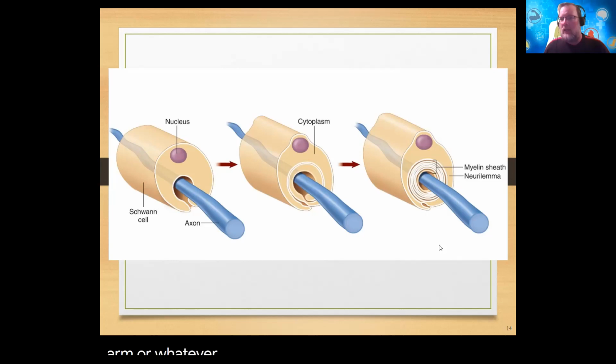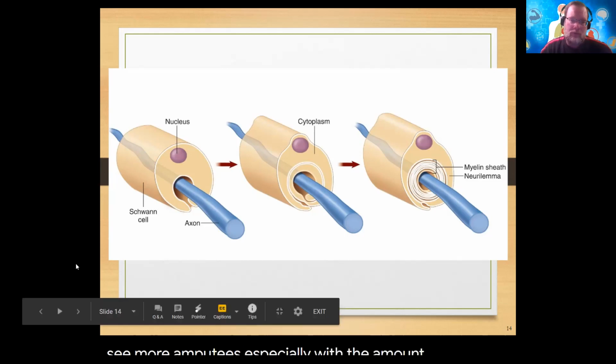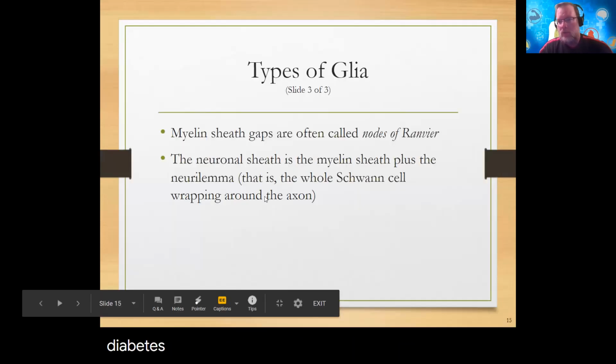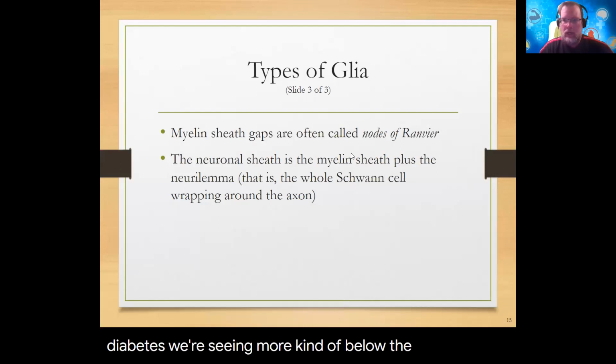The framework's there, and we eliminate that wing of the house, and it still has the electrical going through it. So it'll probably subside over time. We see it a lot more now too. We see more amputees, especially with the amount of type 2 diabetes, more below-the-knee foot amputations and below-the-knee amputations as well.